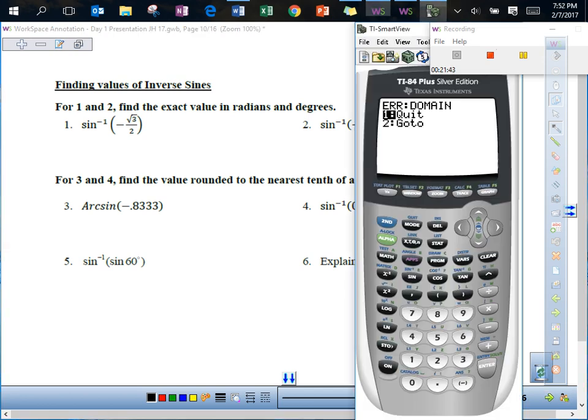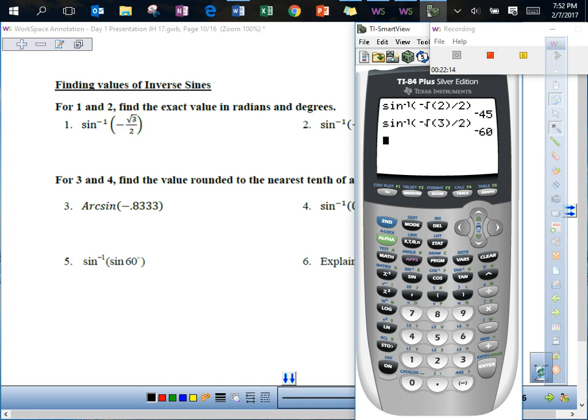So I'm going to launch my calculator. Let me clear that for you. I'm going to go inverse sine of negative square root of 2 divided by 2, just like we did earlier. I'm going to hit enter. Notice that my calculator gave me, oops, I typed that in wrong. I needed square root of 3 over 2. So let me get right back to this.